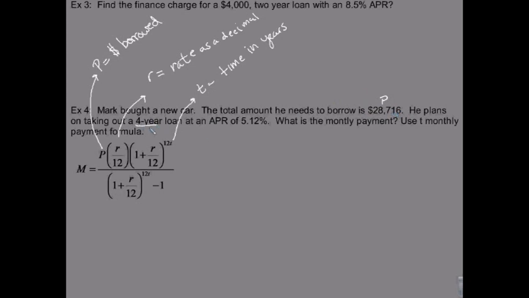We have a 4-year loan, that's T, and an annual percentage rate of 5.2%. This is R, and we want to convert it. Okay, so I'm moving this decimal point 2 spaces. Next, I plug it all in.